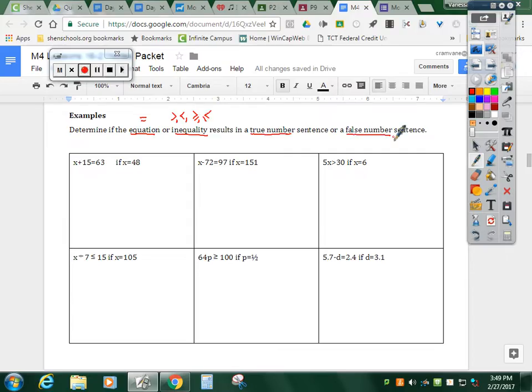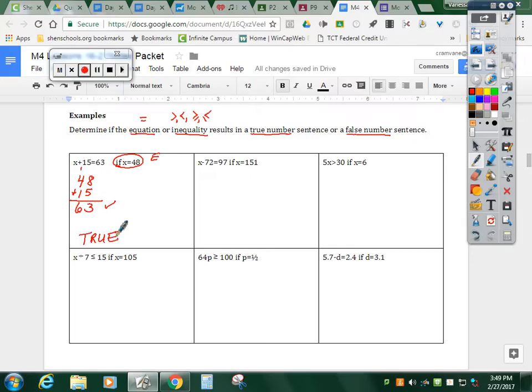Okay, so I'm going to do this one first. This has an equal sign, so it's an equation. Okay, x plus 15 is 63. So now I'm going to replace my variable with the number 48. 48 plus 15, and I'm going to see if it's 63. And it is. Okay, this is what we would consider a true number sentence.